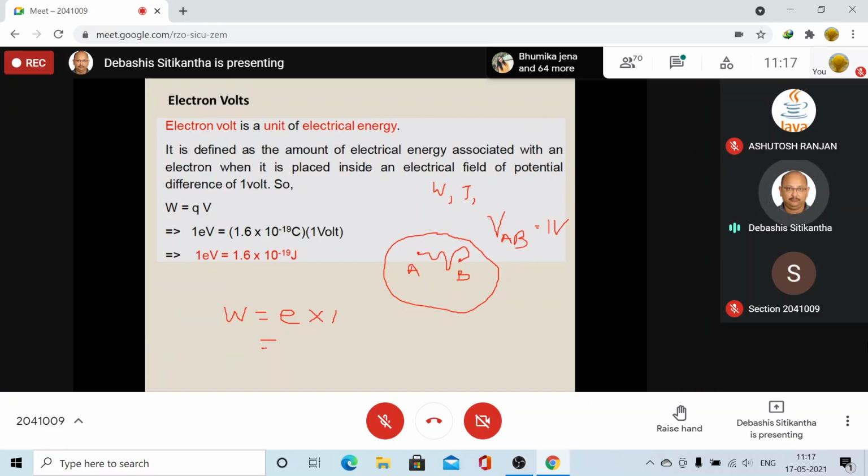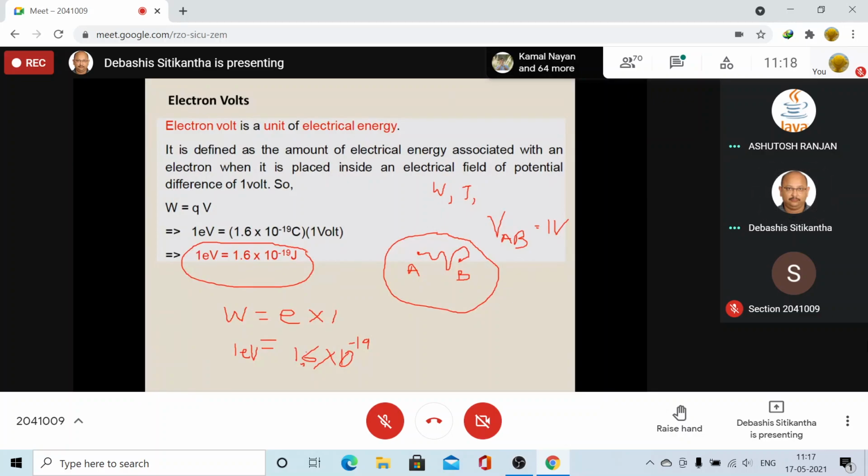So 1 electron volt is equal to the charge of the electron, 1.6 into 10 to the power minus 19, multiplied with 1. In total, I get 1.6 into 10 to the power minus 19 joule is equal to 1 electron volt. I hope this is very simple. Everybody has understood this, right?